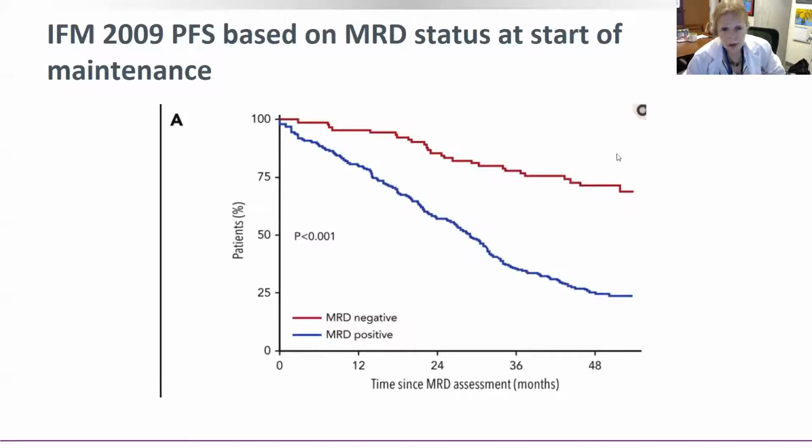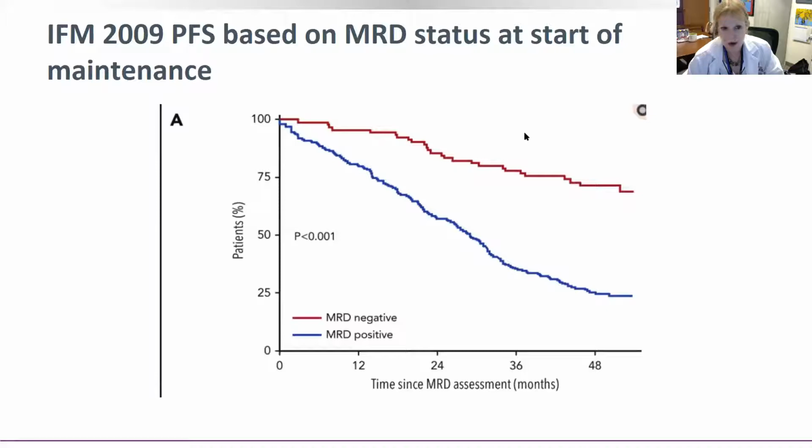This is another analysis of a trial by the French group, IFM 2009, showing much the same thing. This was a chemo versus transplant trial, or delayed transplant versus chemo trial, is another way to say this. This is MRD tested right before these patients went on a year of Revlimid maintenance.